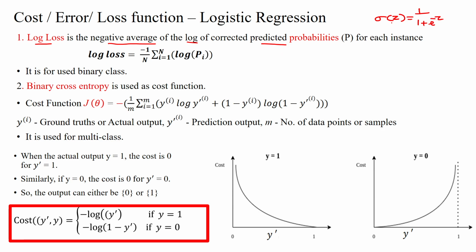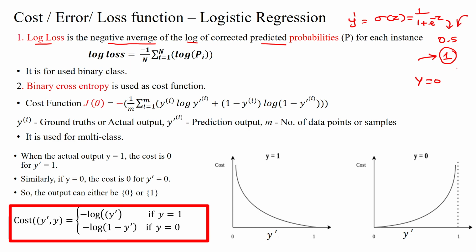After getting the value, we get y dash. Suppose the value is 0.5, which is greater than or equal to 0.5, then its class is 1.